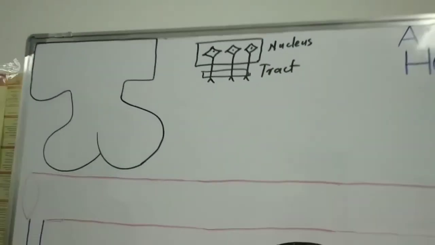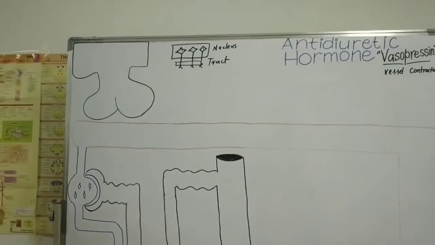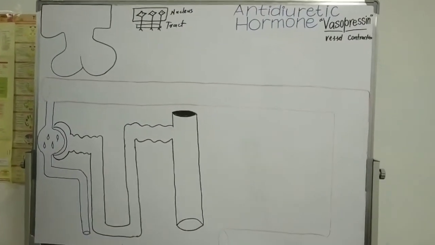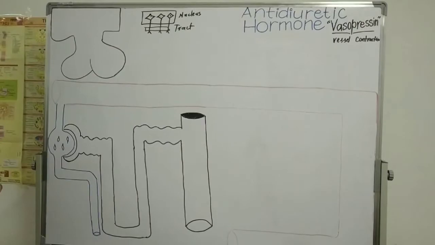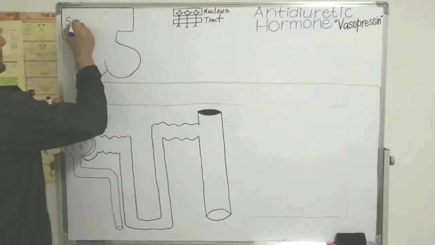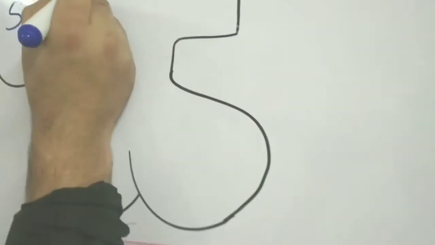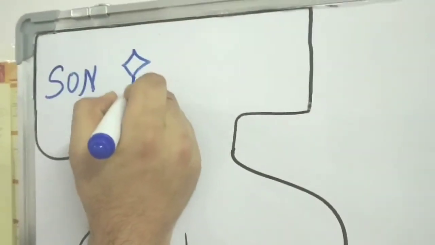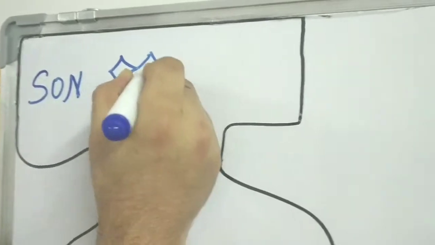Now, in the hypothalamus, there is a nucleus which is called the supraoptic nucleus. Let me make here the supraoptic nucleus. Suppose this is a group of cell bodies.